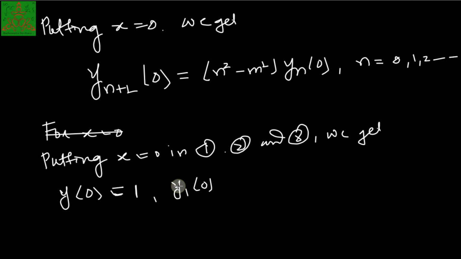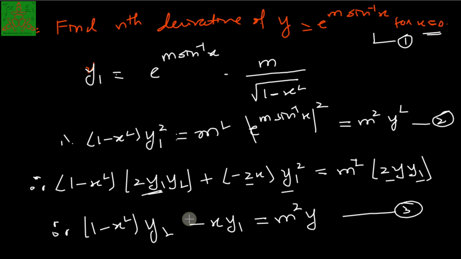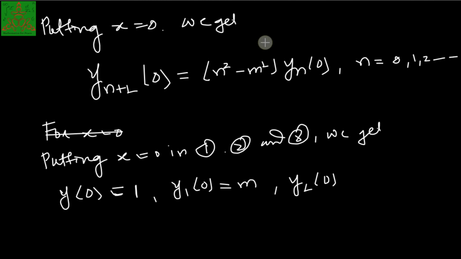So what we'll have is y1 is m. y2 at 0, again by putting x is equal to 0, this term will become 0. This is y at 0. Y at 0 is 1, as we know, so on this side it is m square, and here it is y2, so it is m square.